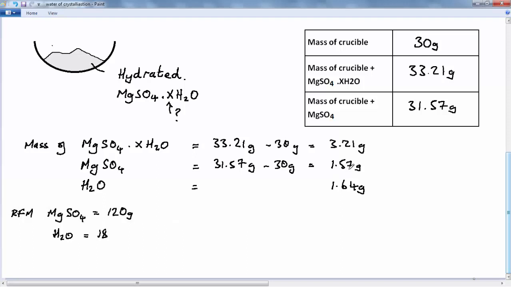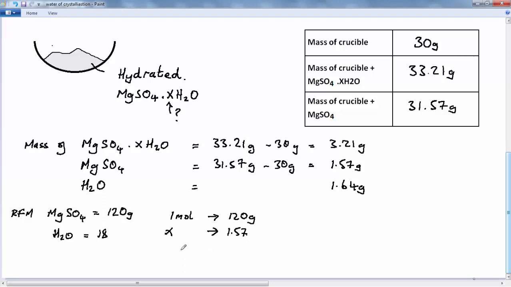So what we've got to do now is work out the number of moles of magnesium sulfate present. Well, we know that 1 mole of magnesium sulfate weighs 120 grams. Then how many moles weighs 1.57?